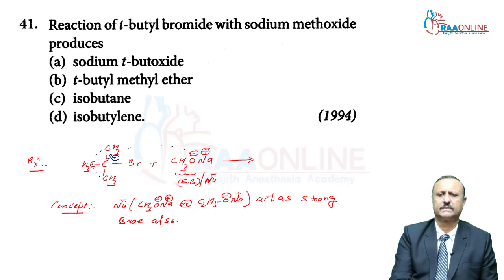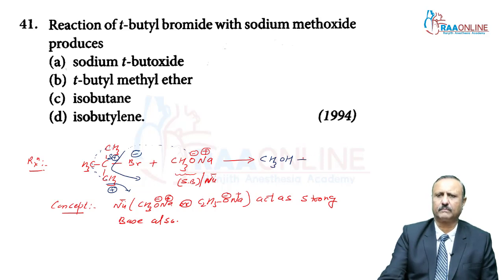CH3ONa also acts as a nucleophile. When the bromide ion is present in the solution, CH3O minus does not attack the carbocation, but instead removes an H plus ion from the methyl group, and methanol is formed.